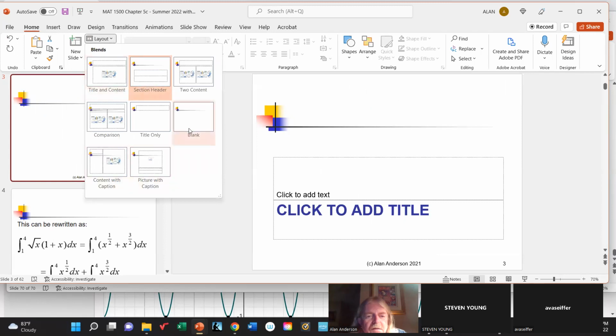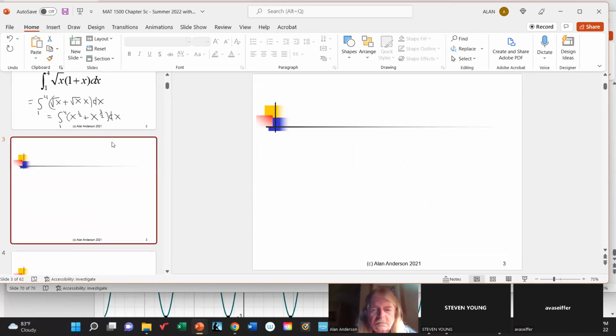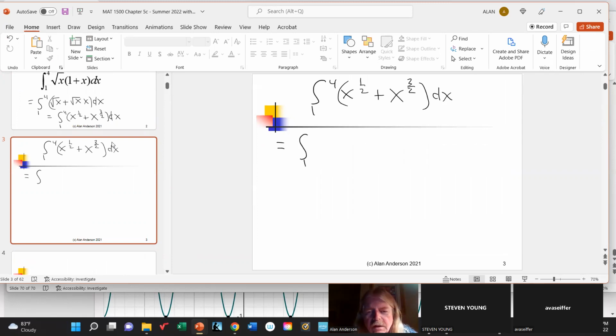All right, so what you can do is break it up into two integrals and add them together. And now we can apply our favorite rule of all time, the power rule.